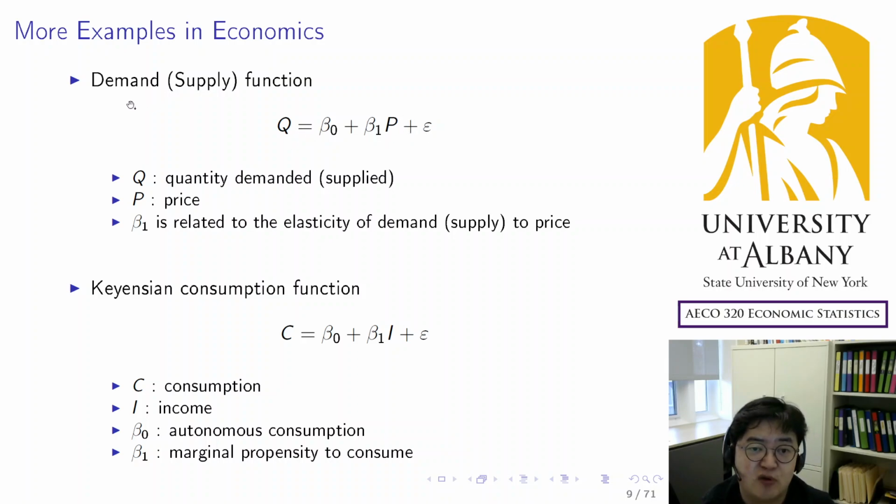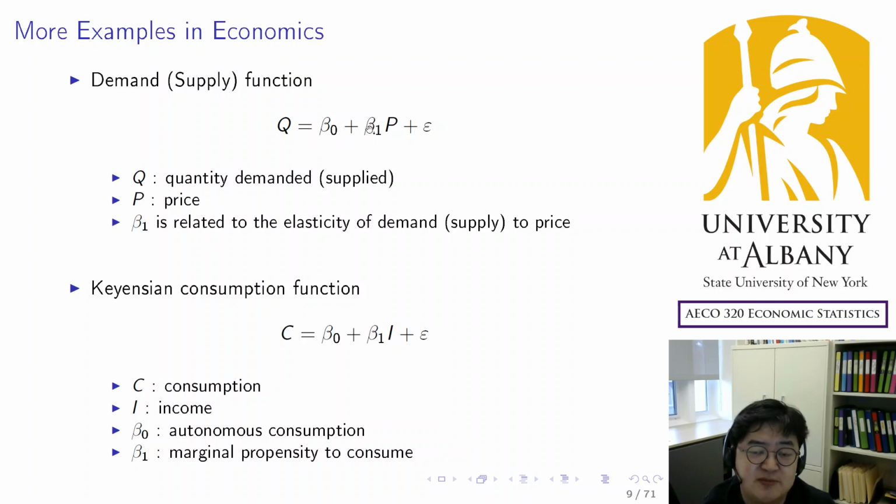Like the demand function, if the market price increases, demand will decrease, right? That is the demand function. Especially in this relationship, we are interested in beta 1. In many cases, beta 1 is very important. When you increase your price, how much will quantity decrease?